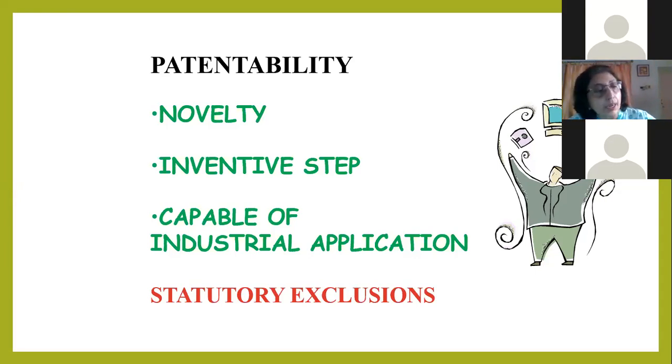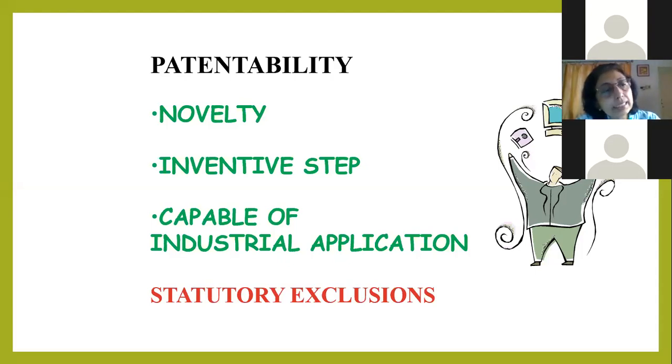in different countries. Now, in earlier days, that is before 2002, we even didn't have the criterion of inventive step in patentability. So it was only a new product or manner of manufacture which was having industrial application. Why?